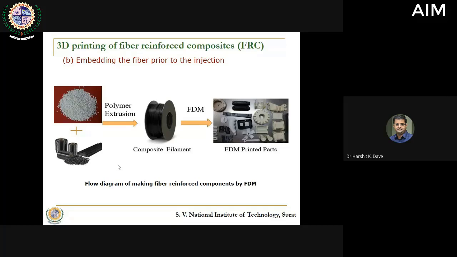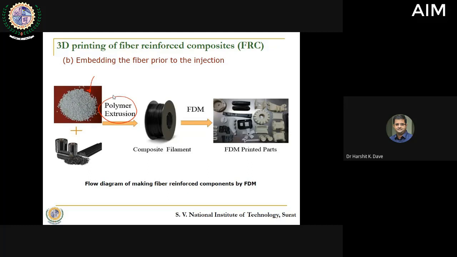What you do is, you have the polymer grains, the particles, and you mix the chopped fibers into it in a certain proportion, and then you carry out the extrusion process. I'll discuss this polymer extrusion when I talk about nano composites. This we have tried, but I would be discussing it in the next topic in this session.